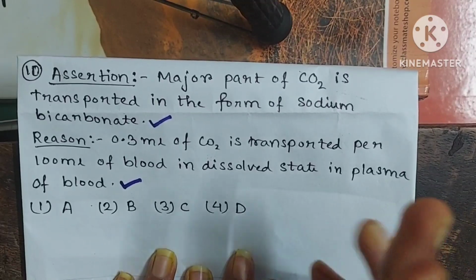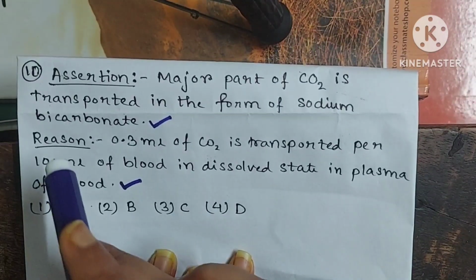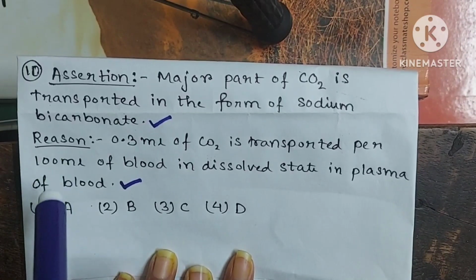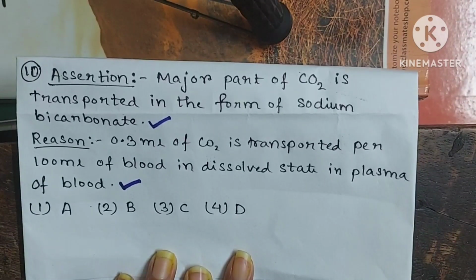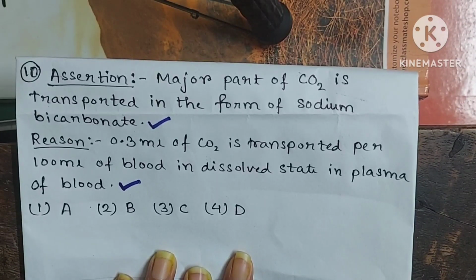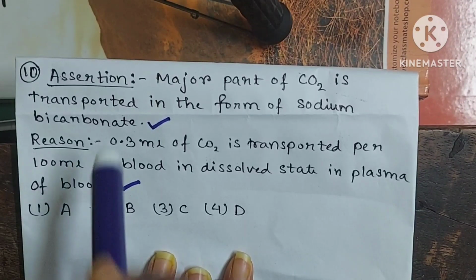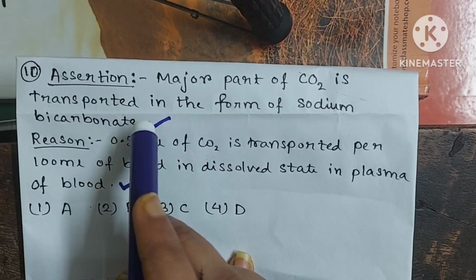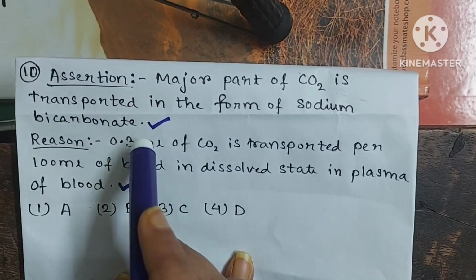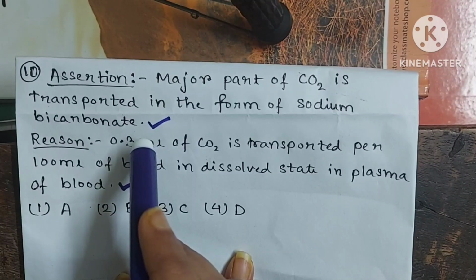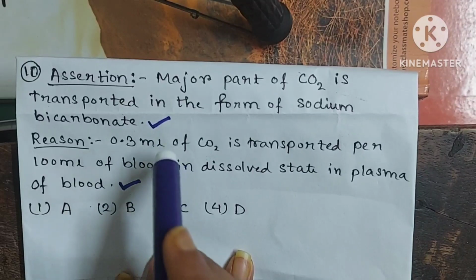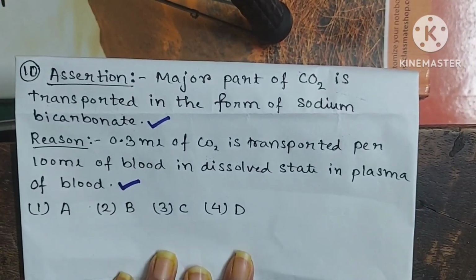Now the two statements are just giving us information about carbon dioxide transportation. There is no relation between the statements. One is giving us the information about transportation of carbon dioxide in the form of bicarbonate, and the other is talking about the transportation of carbon dioxide in plasma of blood.